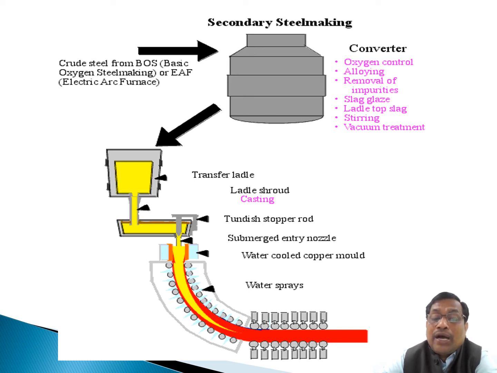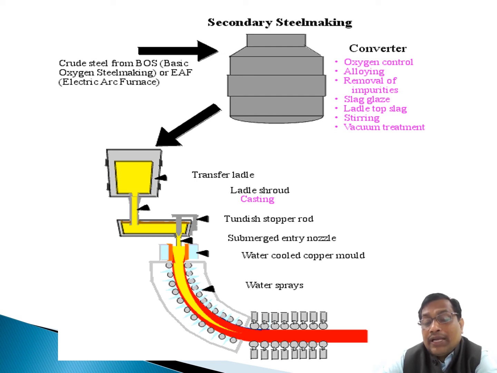So to avoid this, we have to move the torch with the same speed as the withdrawing of the bar, jis speed se ja raha hai, so that the cutting will continue upon the same small spot.